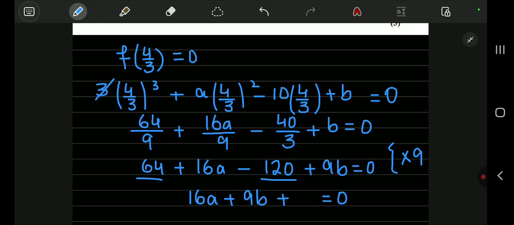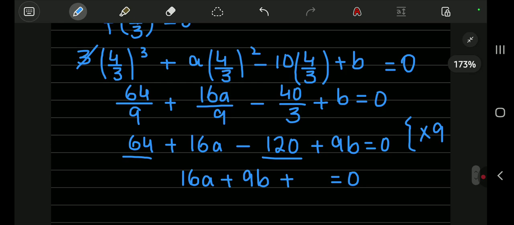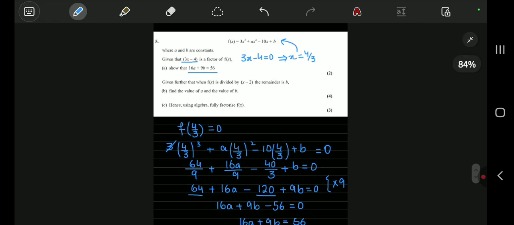It's a prove-that question, so you can identify your mistake easily because we need to prove it, but otherwise we should be very careful. 120 minus 64 will be 56. So this will give you 16a plus 9b equals 56, and this is what we needed to prove.